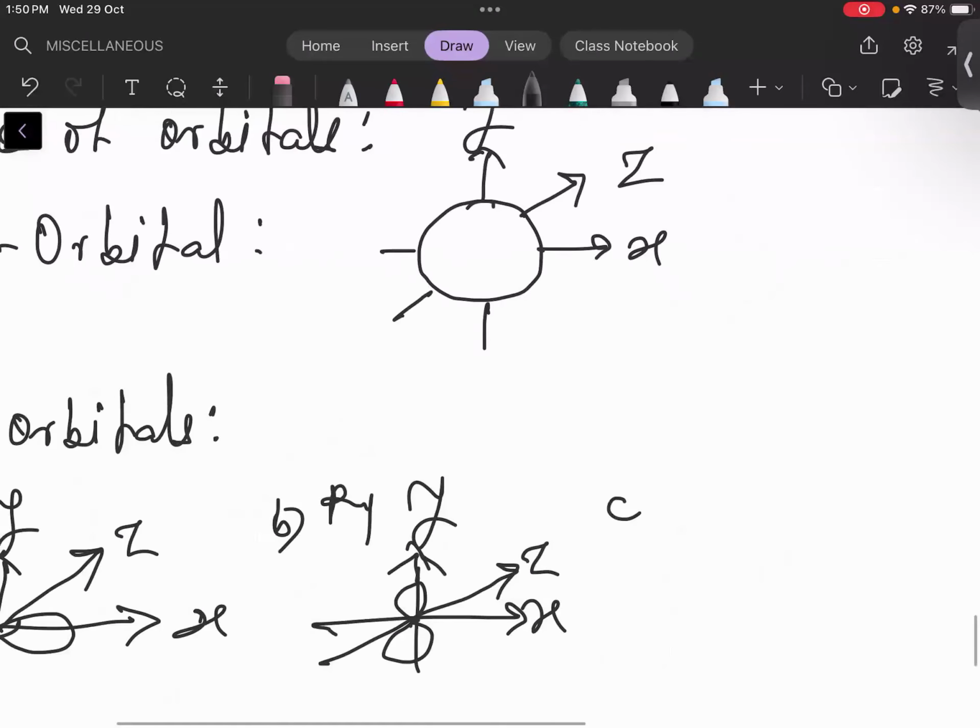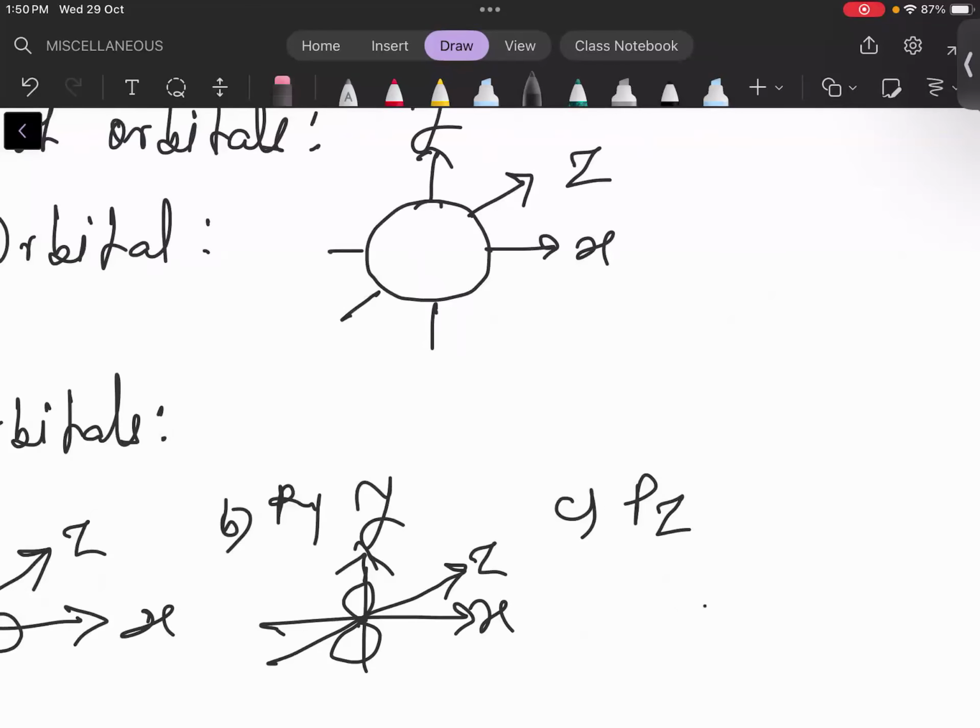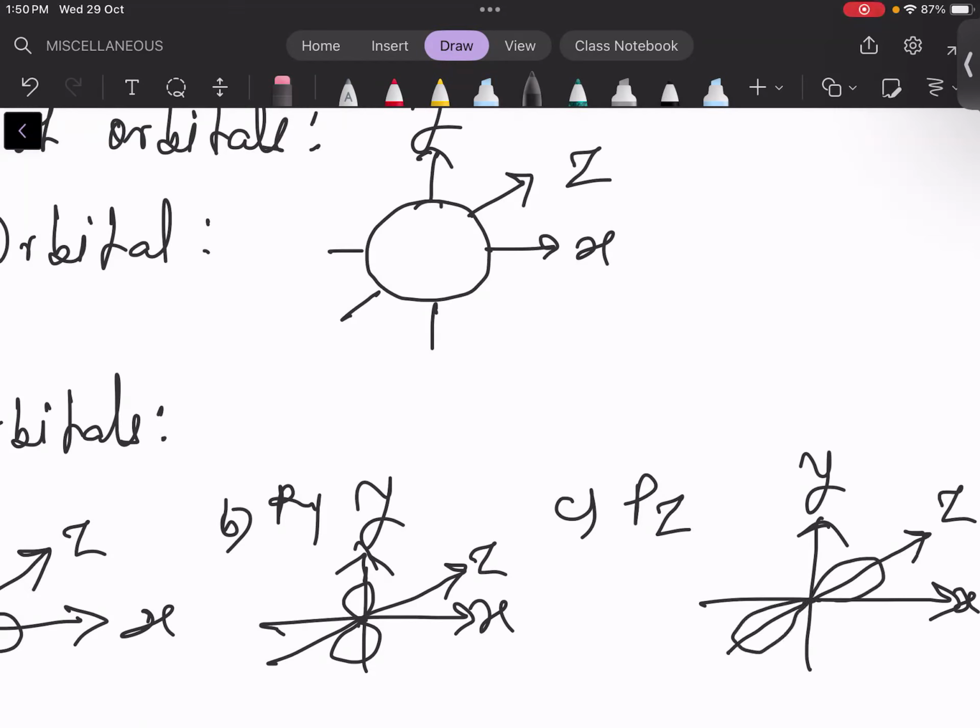The next one is the shape of the pz orbital. So this is the x-axis, y-axis, and this is the z-axis. So the lobes lie along the z-axis. Is there any doubt?